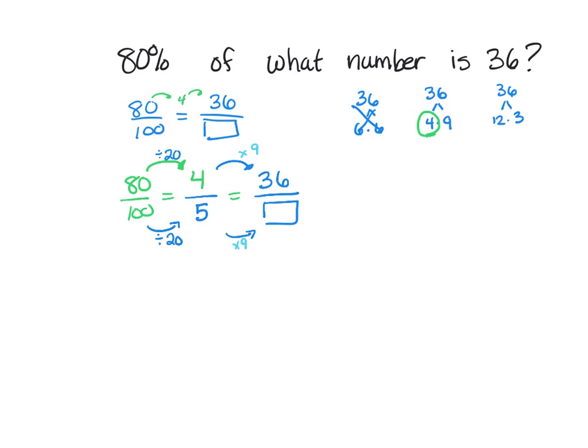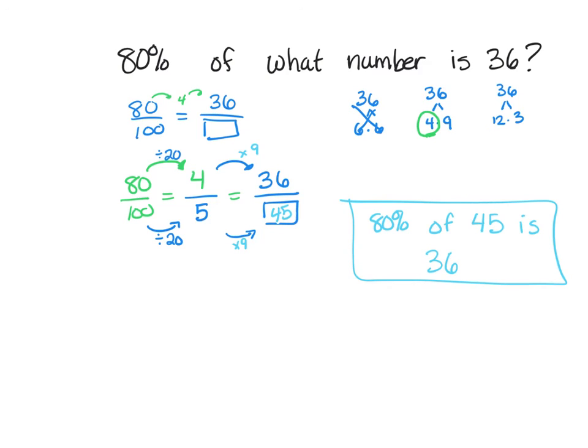So 5 times 9 is 45. Okay, so then that means 80% of 45 is 36. All right, that's the end of reviewing for the ratios and percents quiz.